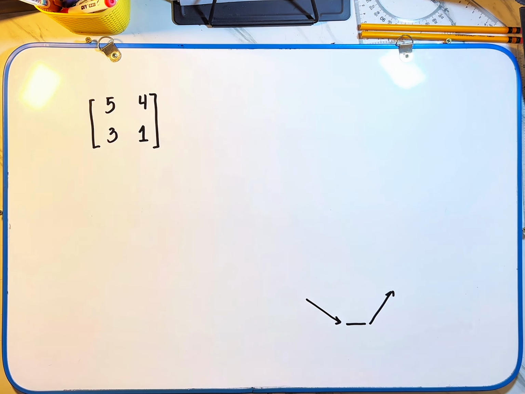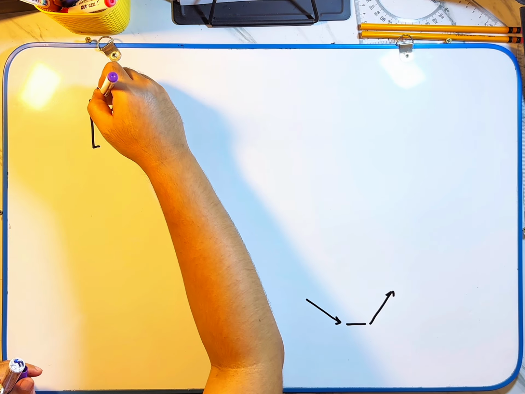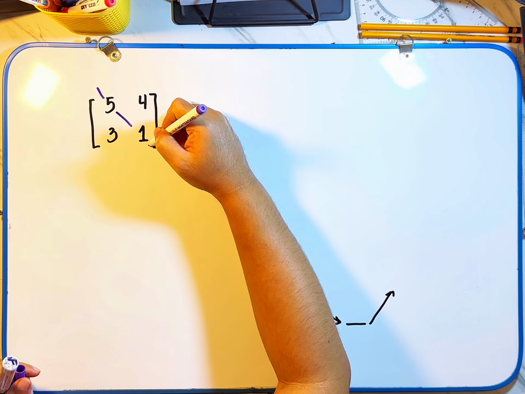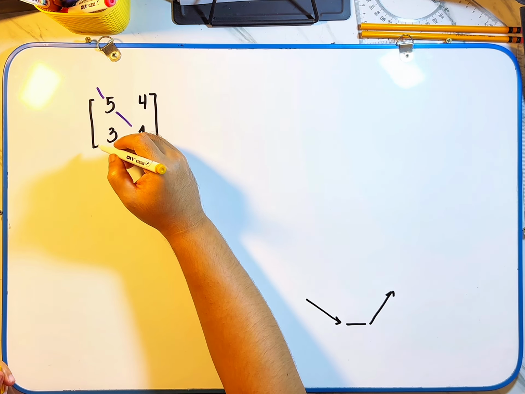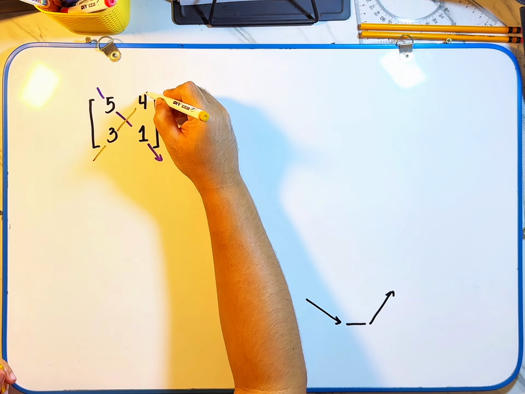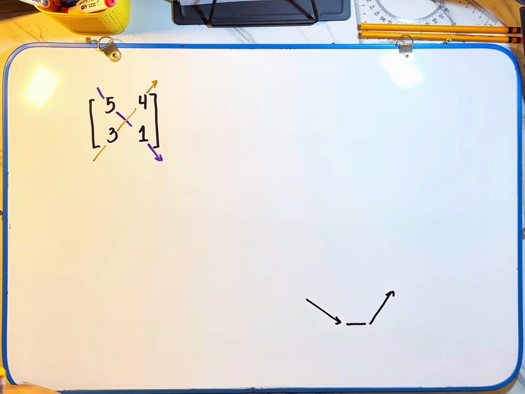So if you apply it here, first, multiply diagonally downwards from left to right: 5 times 1. And then, we also have to multiply 3 times 4. Alright?